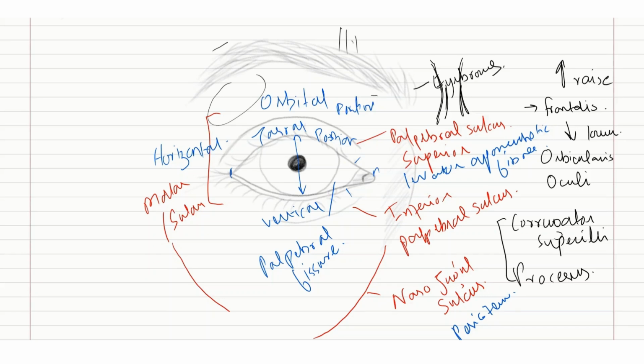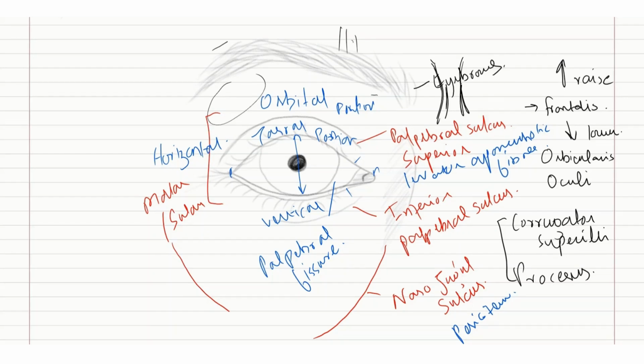There are some cases like microblepharon in which this horizontal palpebral fissure is reduced, and there are conditions like ptosis. You must be familiar with the term. Here the vertical palpebral fissure is reduced.